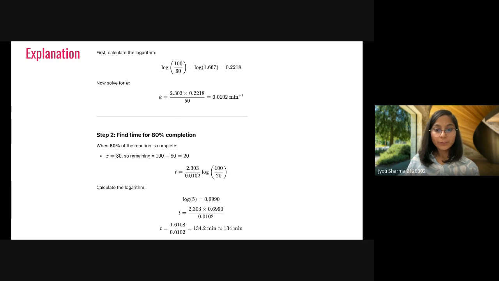For 80% completion, you will calculate the T. You just need to put every value into that equation, and this is how you will calculate the T. If anything is not clear, you can tell me.